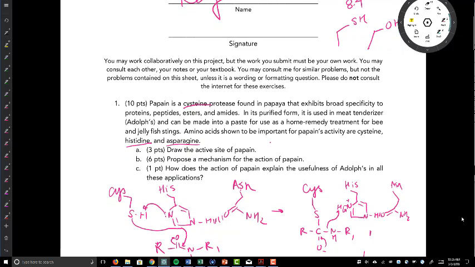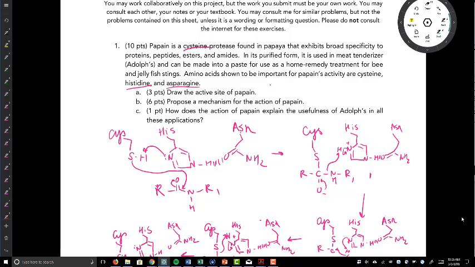A common mistake was to get confused about, I think perhaps some of you read asparagine and processed aspartate. So if you used aspartate instead of asparagine, you lost a point on the active site portion. If you neglected drawing asparagine in the active site altogether and just had the histidine and the cysteine, you lost 2 points.